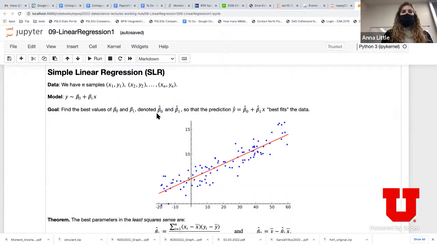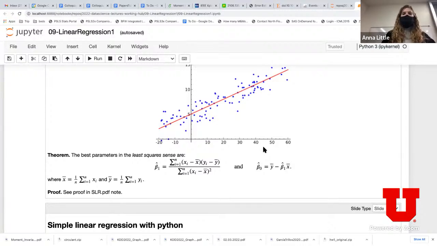So beta 0 hat and beta 1 hat will be the intercept and slope of the line of best fit. We can think about y hat as the points exactly on the red line. Those are the predictions according to the model. The y values are the blue points, and the y hats are the red points, which are given by this line of best fit.